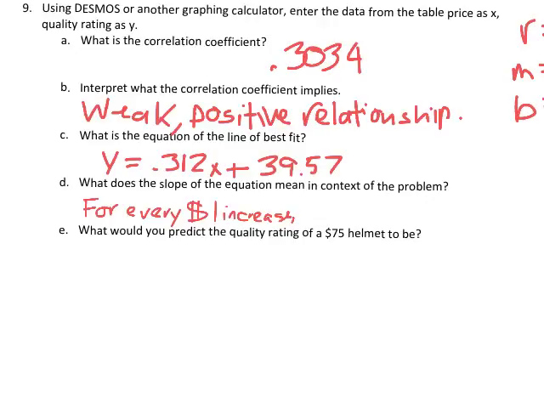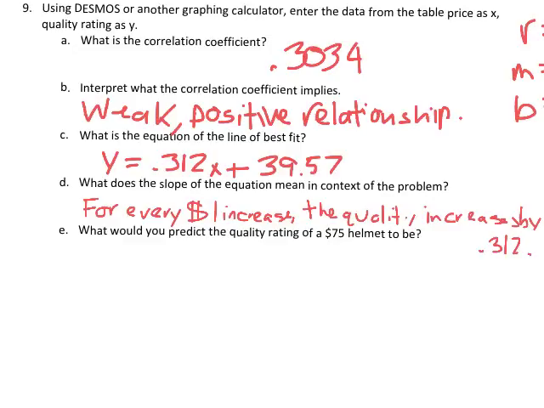So the quality increases by, what's the slope? 0.312. All right. So for every $1 increase, the quality increases by 0.312.